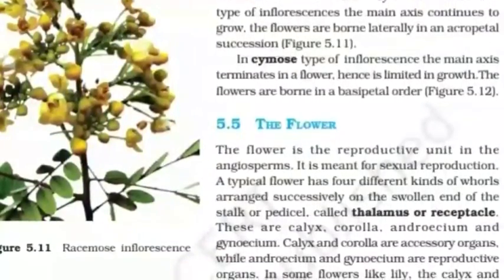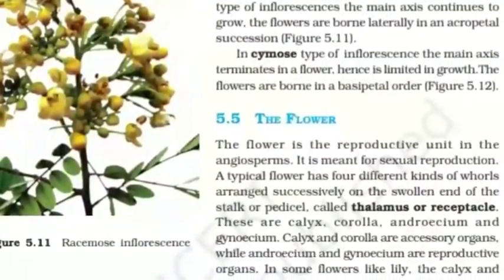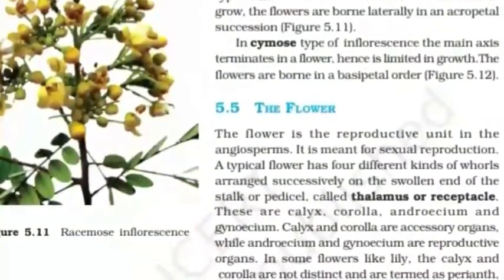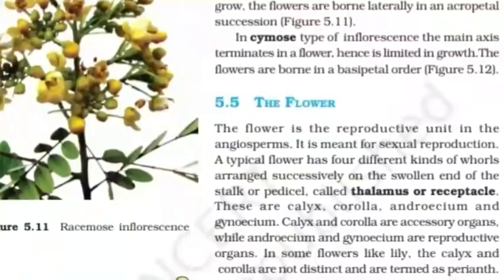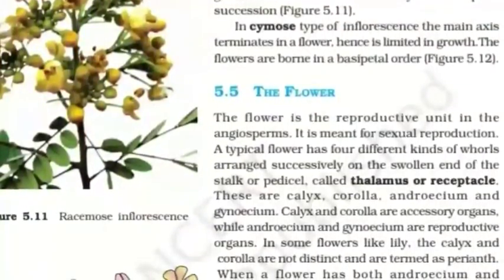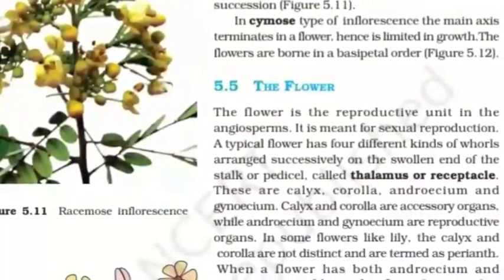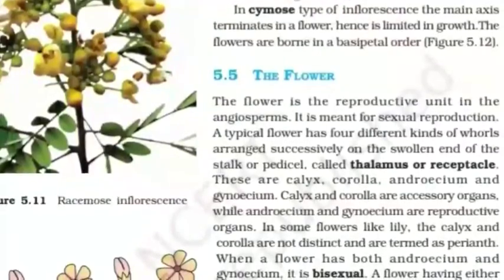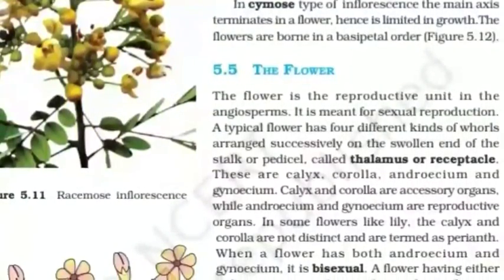The flower is the reproductive unit in the angiosperm. It is meant for sexual reproduction. A typical flower has four different kinds of whorls arranged successively on the swollen end of the stalk or pedicel, called thalamus or receptacle.